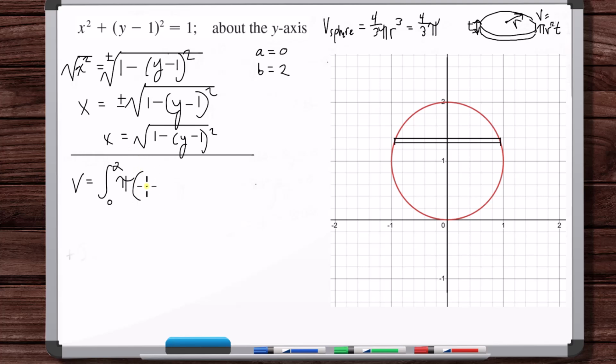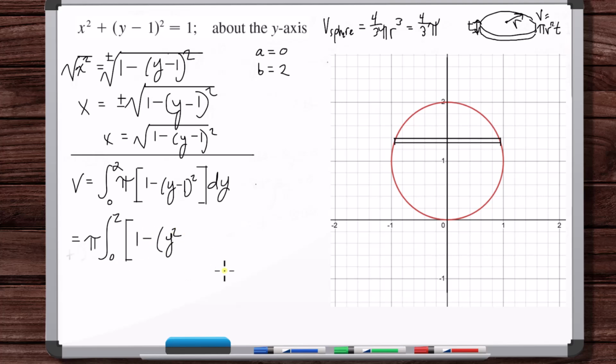Here's r. It's 1 minus, just remove the root, pi r squared. Now the thickness, dy. There we go. So we can bring the pi out, and we've got 1 minus (y squared minus 2y plus 1) dy.